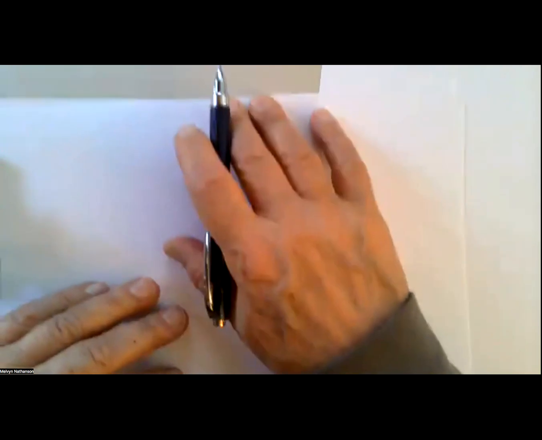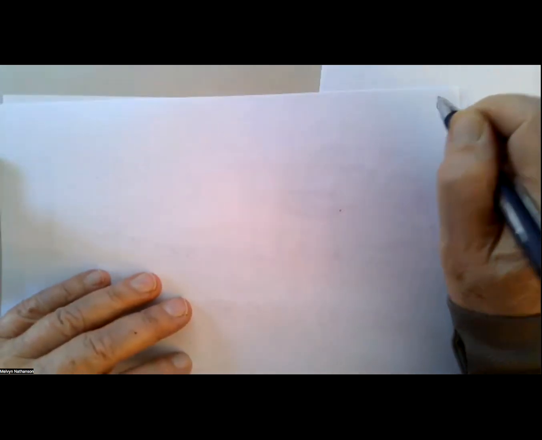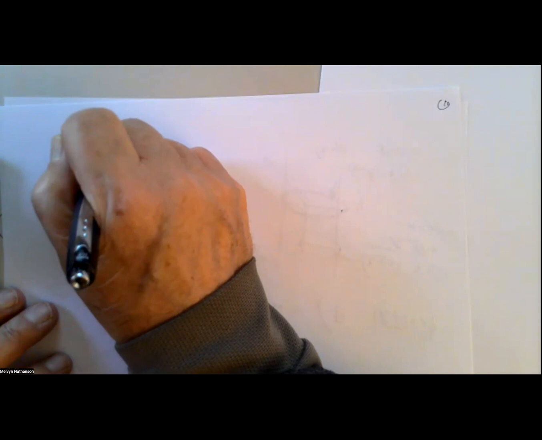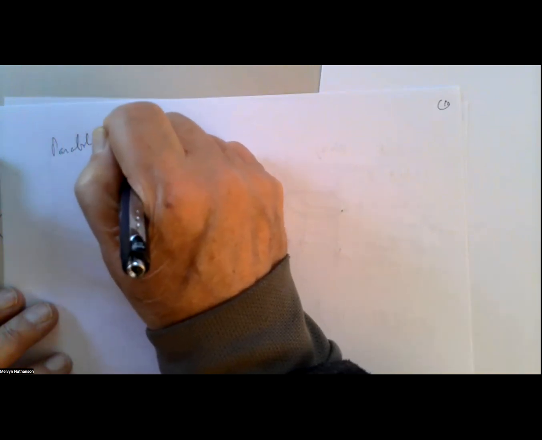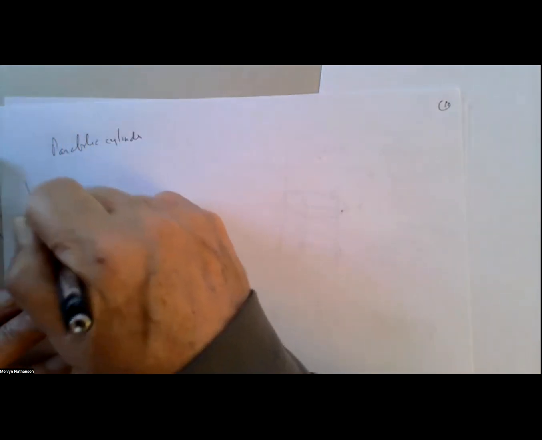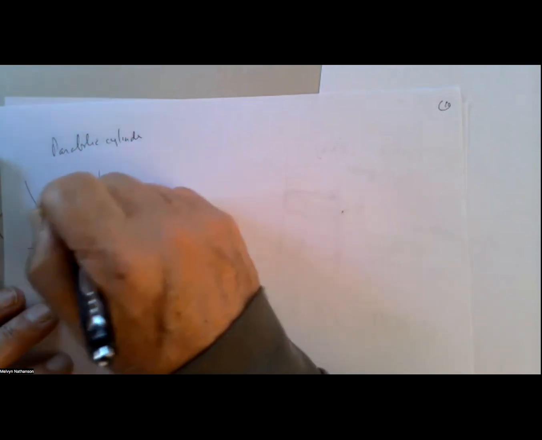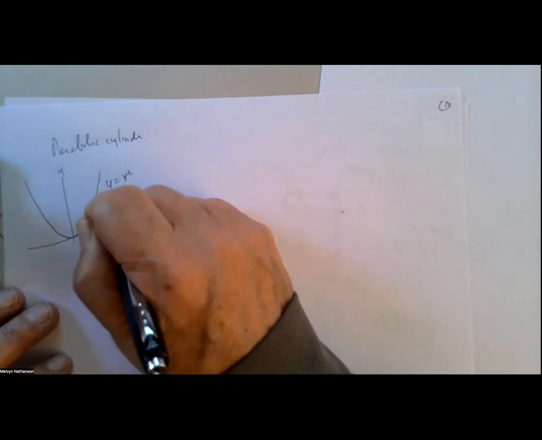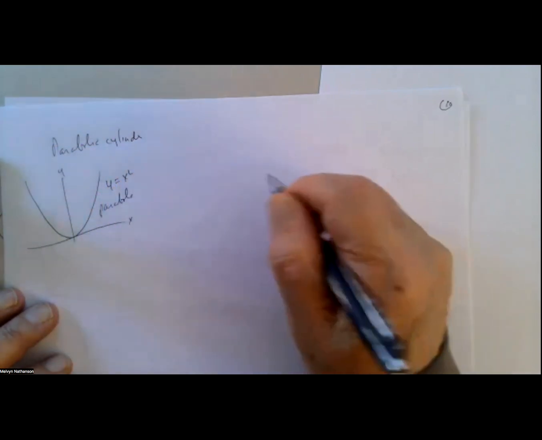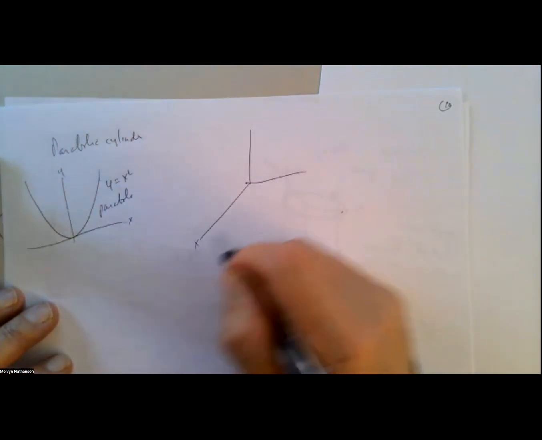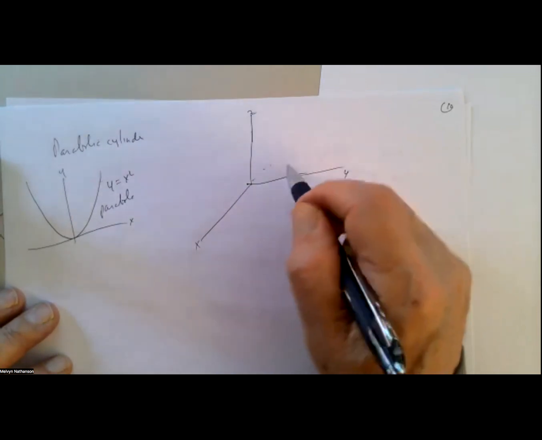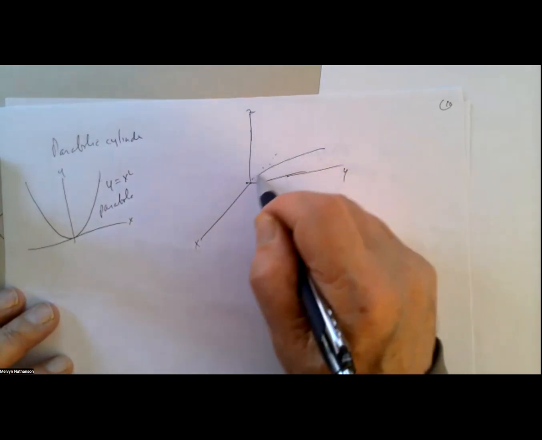Let me show you a parabolic cylinder. In the xy plane, here's your parabola, y equals x squared. In 3-dimensional space, if this is x, this is y, and this is z, your parabola is sitting here.